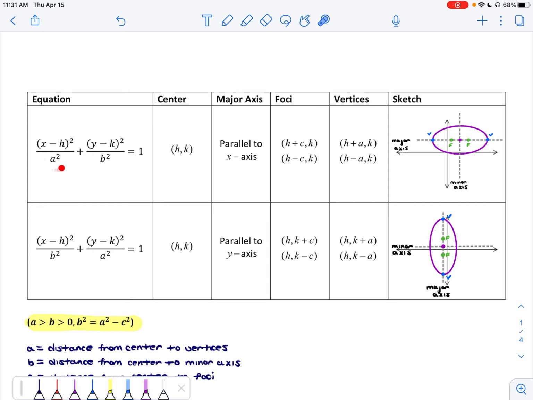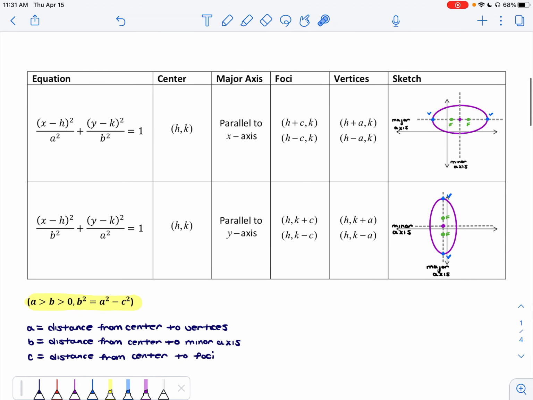So if the bigger number is underneath the x, then the major axis is horizontal and the longer direction of the ellipse is horizontal. Where on the other hand, if the a squared is underneath the y, then the major axis is vertical, so the ellipse is taller than it is wide.